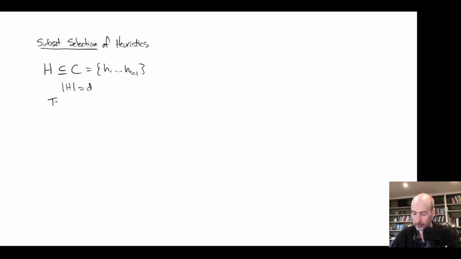So my task is to select D heuristics from a larger set that maximize the heuristic. I'll define what this means a little bit more.